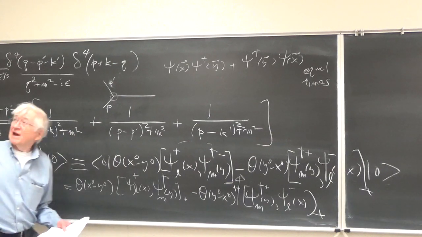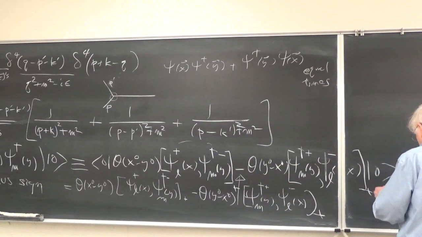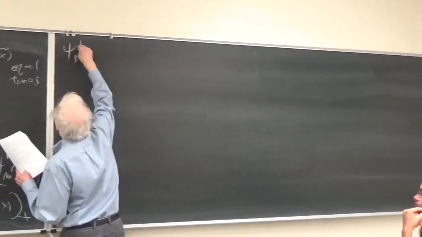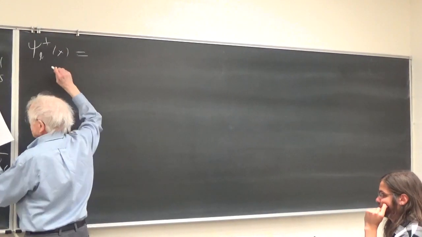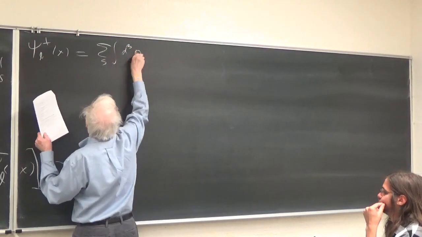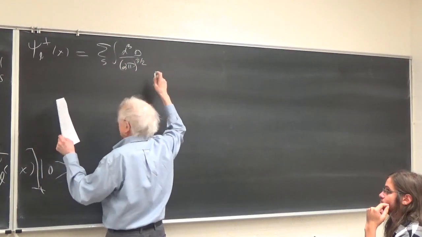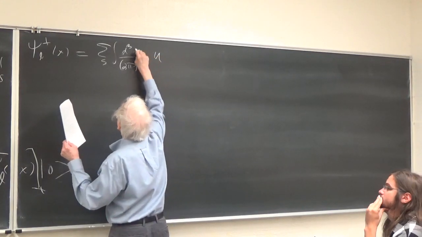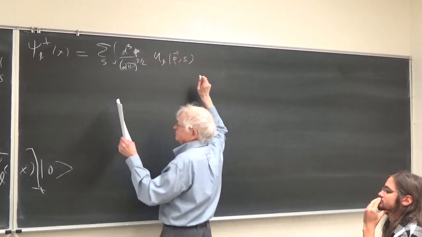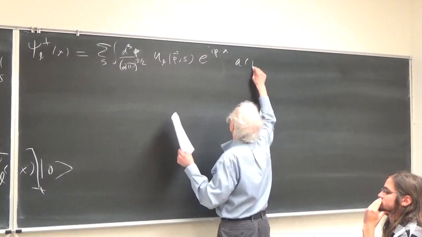Okay, well, what we do now, of course, is we introduce the expansions. Recall that psi L plus of x is equal to the sum over S, integral d3p over 2 pi to the 3/2, uL of p and s, e to the i p dot x, a of p and s.